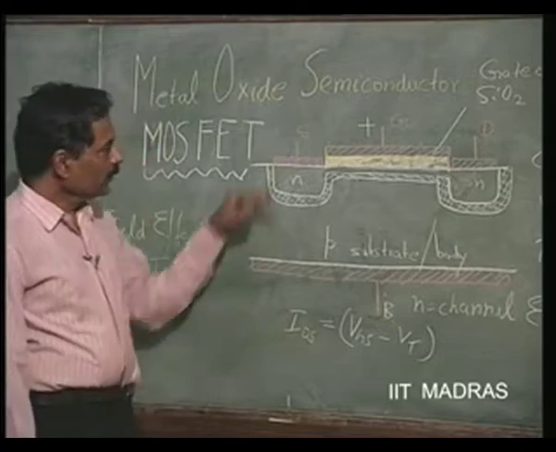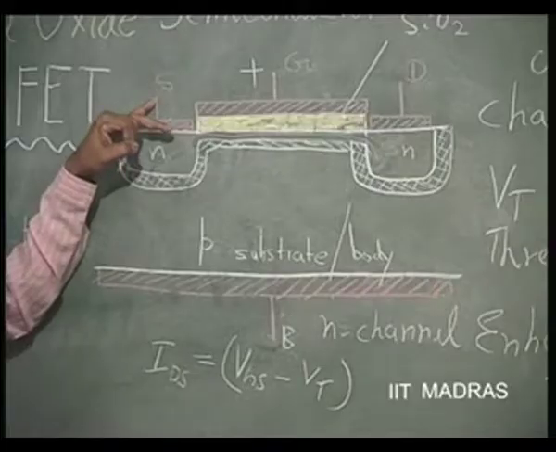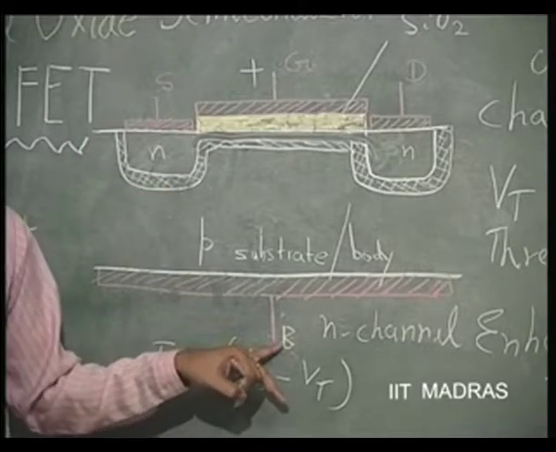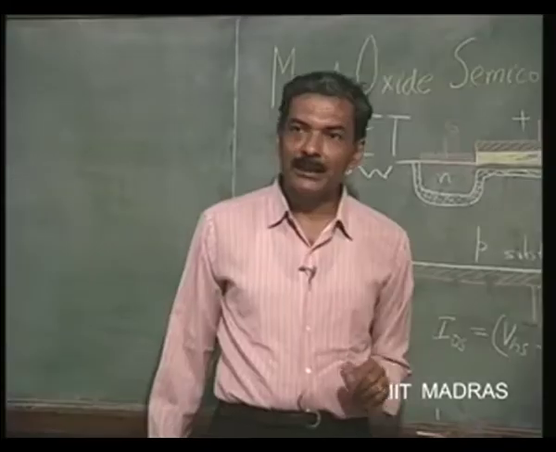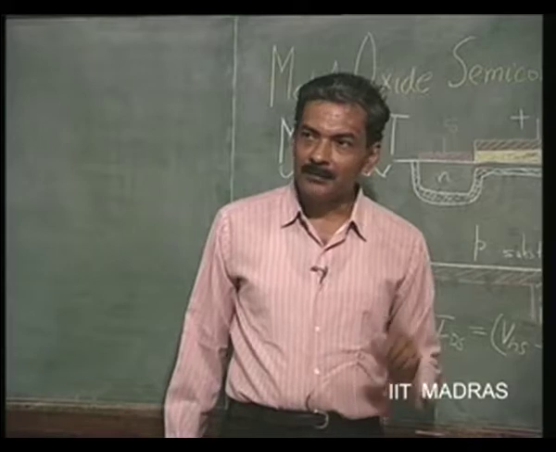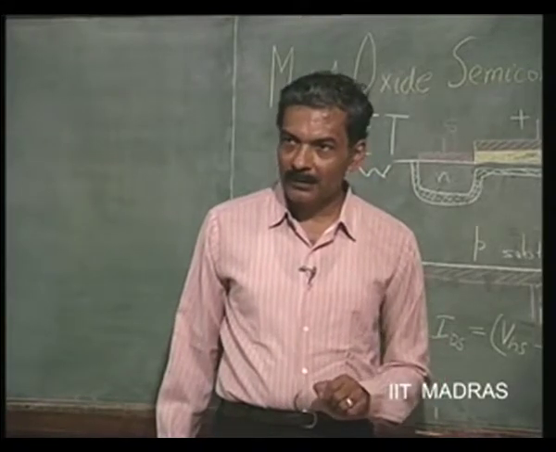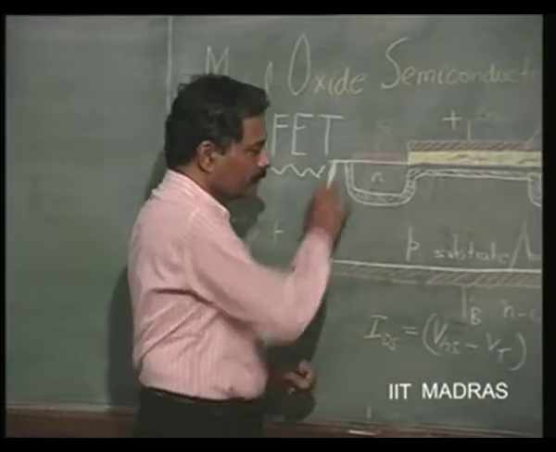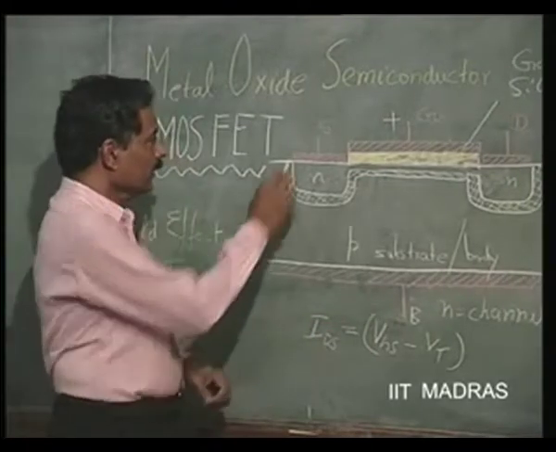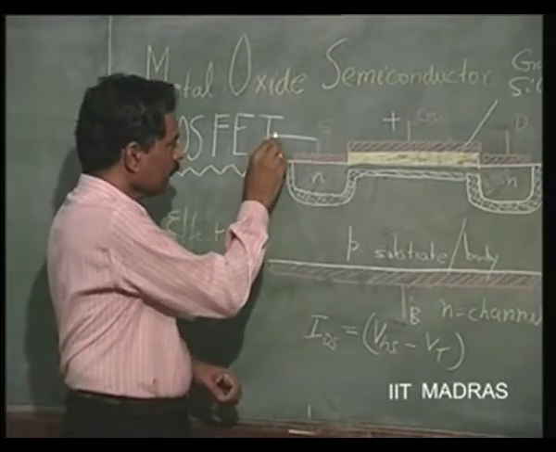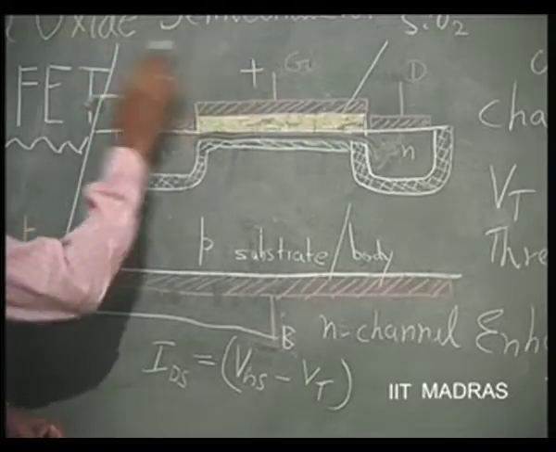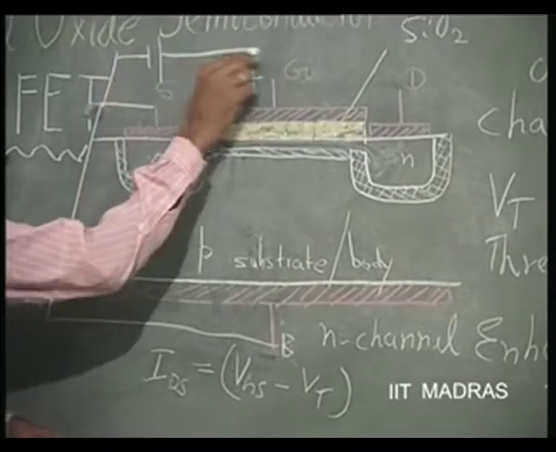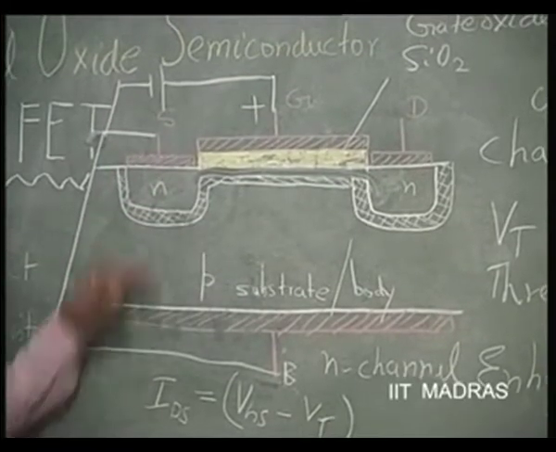So, the bias voltage applied between source and bulk is made equal to 0. That means source is placed at the same potential as the substrate or the bulk. So, you can connect it together and then apply a voltage with reference to the source. This is why it is called VGS.